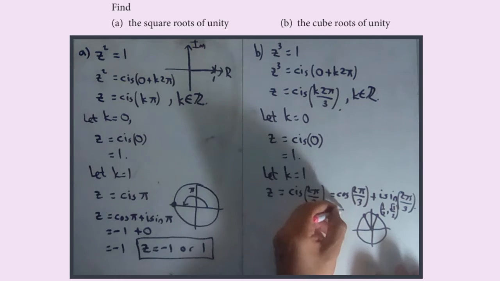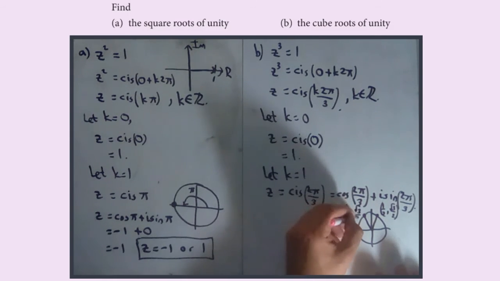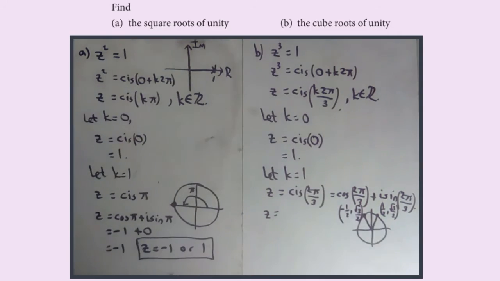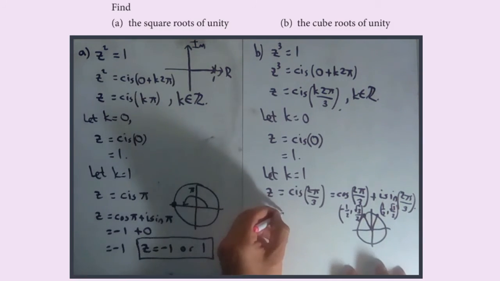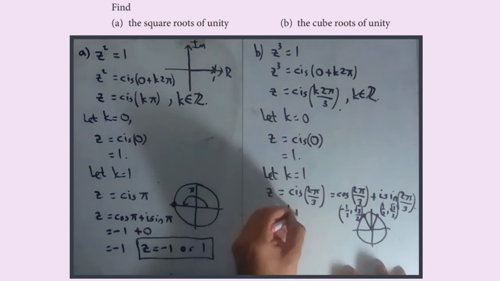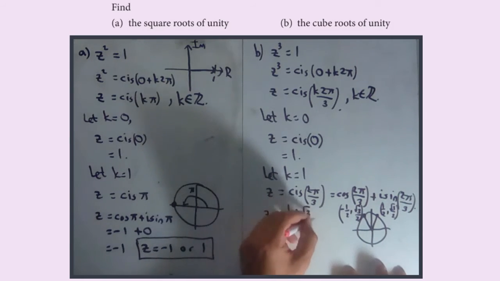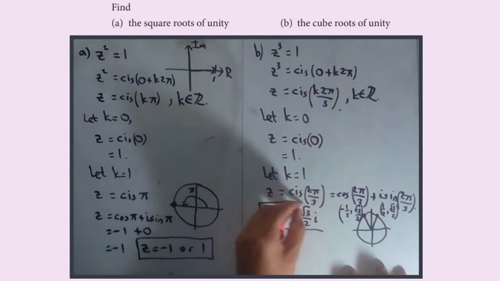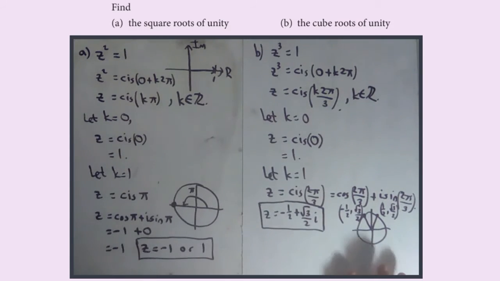For 120, the cos is going to be negative, minus a half, and sine will still be positive, root 3 over 2. So z equals minus a half plus root 3 over 2 i. Okay, so that is an interesting answer to the cube root of 1.